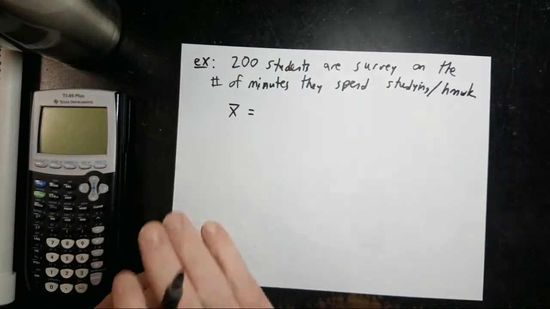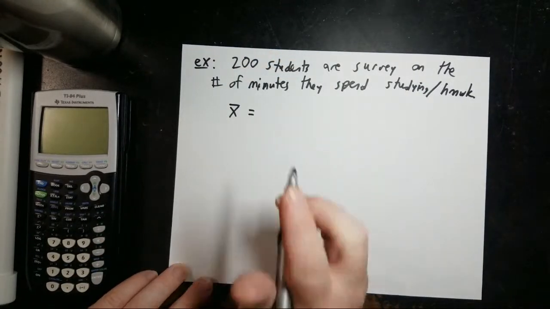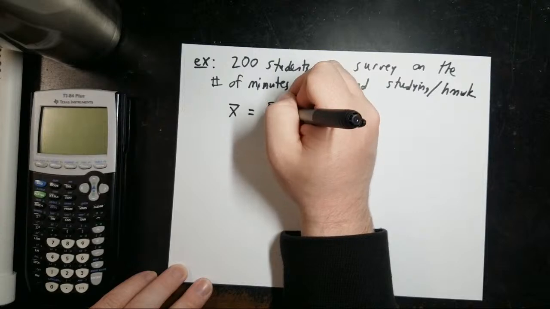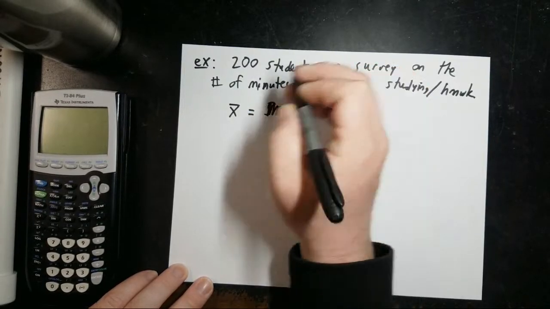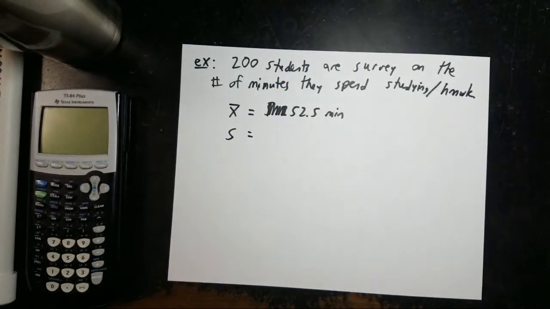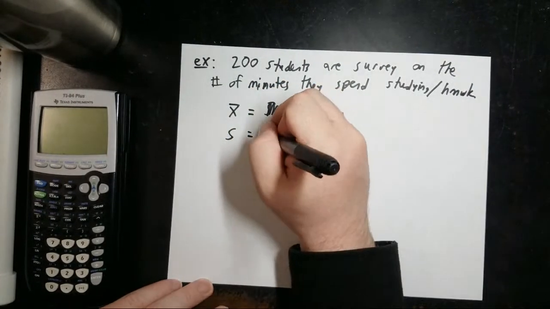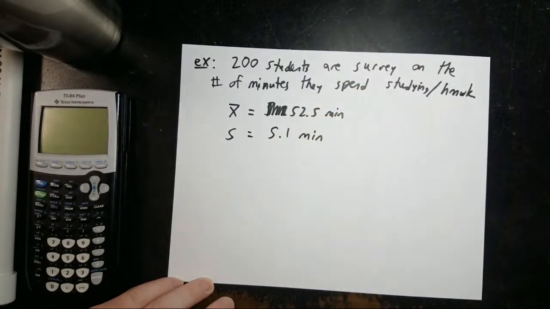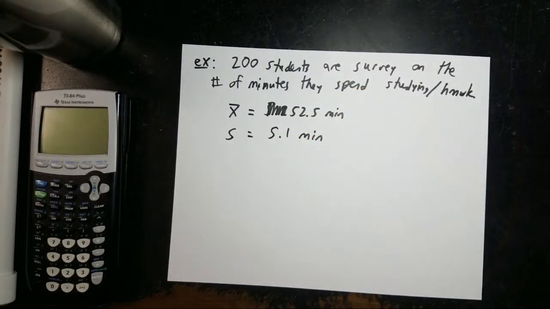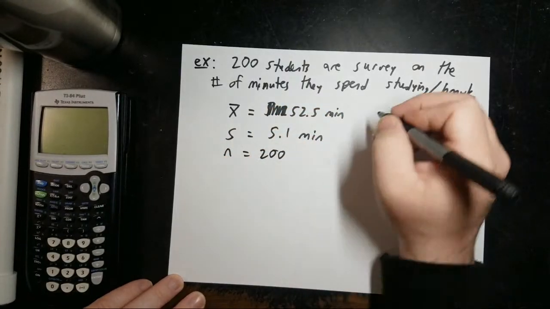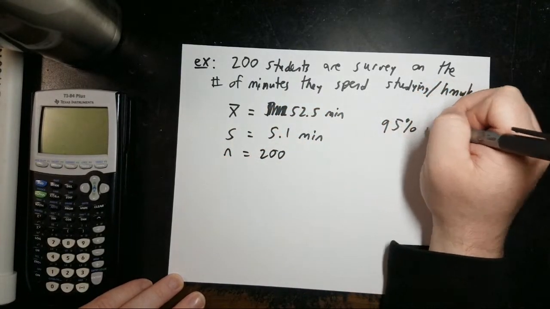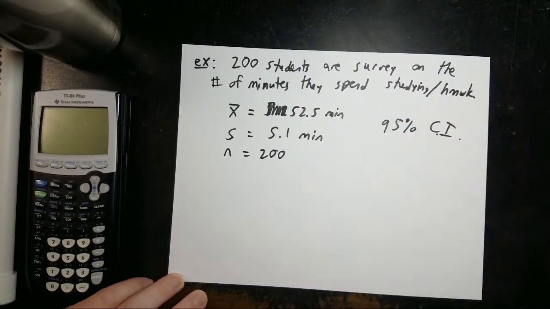The average for the sample was 52.5 minutes. And the standard deviation for the sample was 5.1 minutes. Of course, the sample size was 200, and I want to construct a 95% confidence interval using this data.